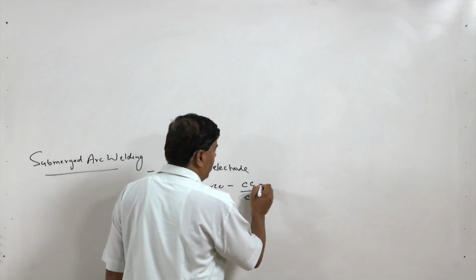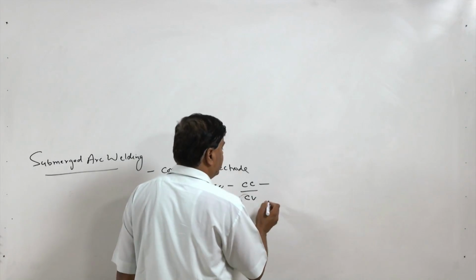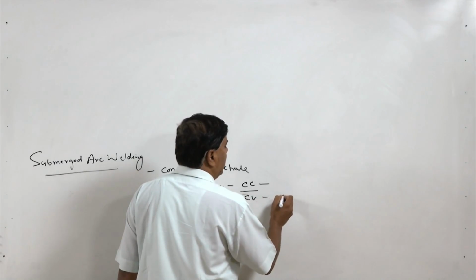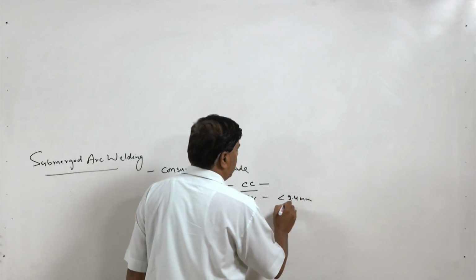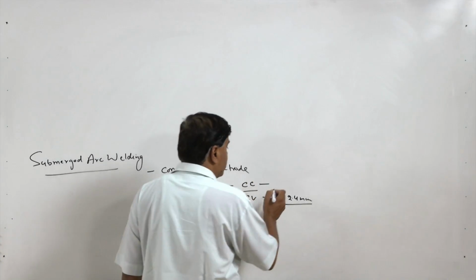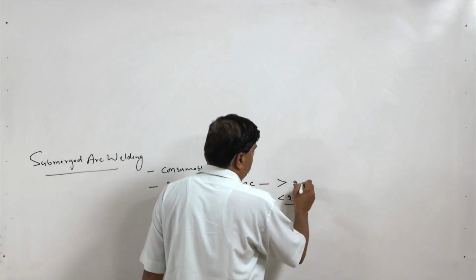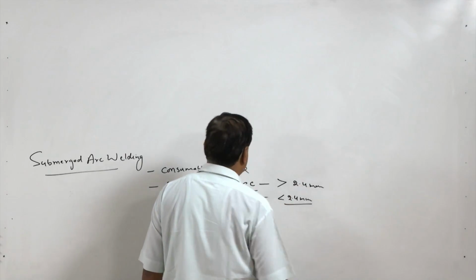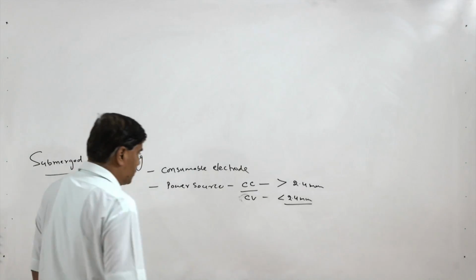For the small diameter electrodes less than 2.4 mm size, constant voltage power sources are normally used, and for the large diameter electrodes greater than 2.4 mm size, the constant current type of the power sources are used.